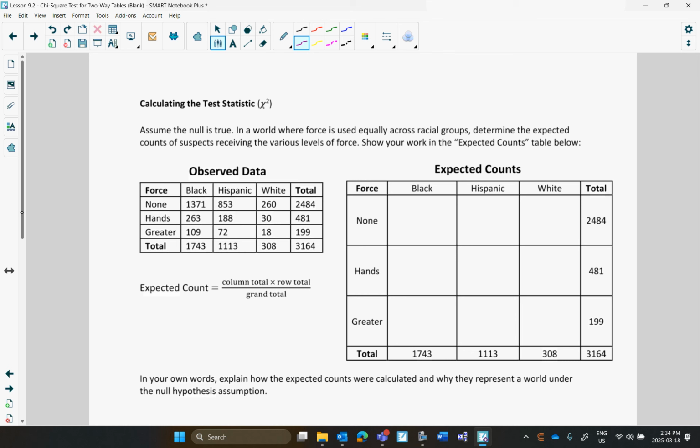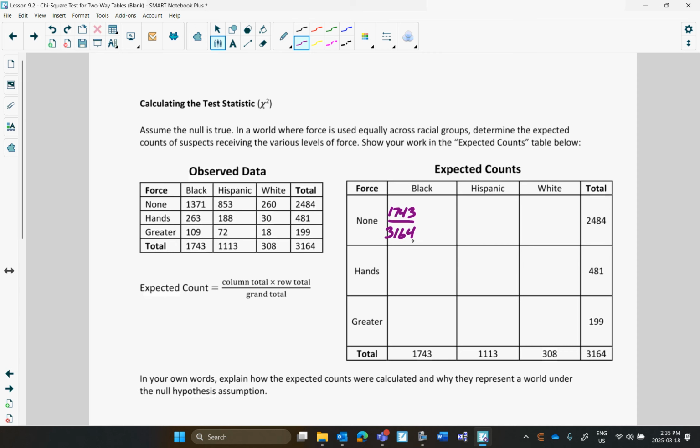So how do we figure that out? Well, first of all, we have to figure out how many Black people there are in the total. So I'm going to do 1743 divided by 3164.